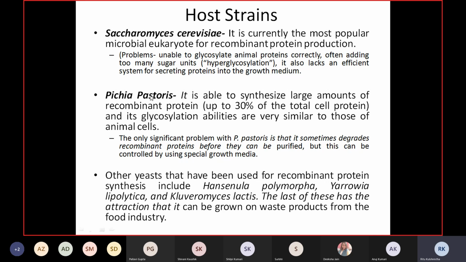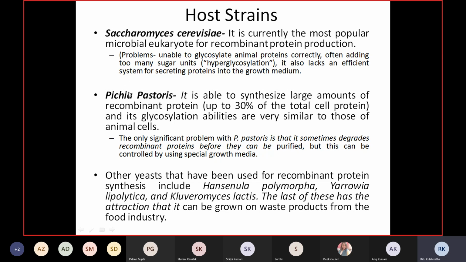Okay. And second thing is that it has a very good secretory system, and you can harvest the proteins from the growth media. So these are the two major systems. In our department also, I see that many people have now moved to Pichia pastoris. I know Professor Saroj Mishra's lab.